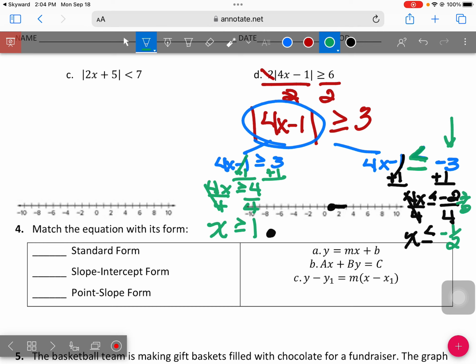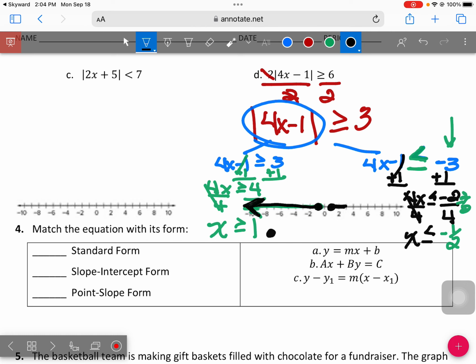And it's less than that. So less than or equal. -1/2 is between 0 and 1, and I'm looking at less than. I'm going to do that in black also.